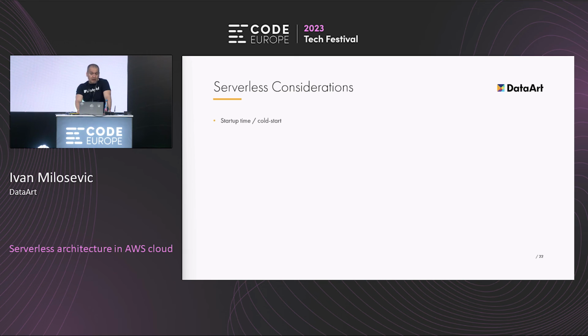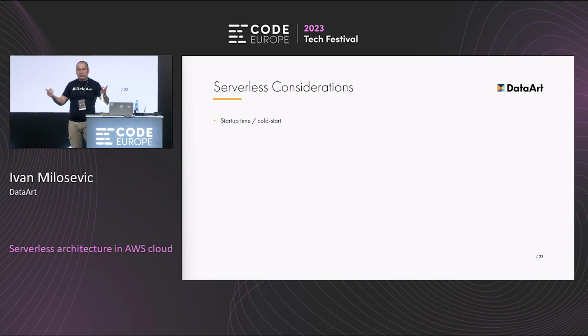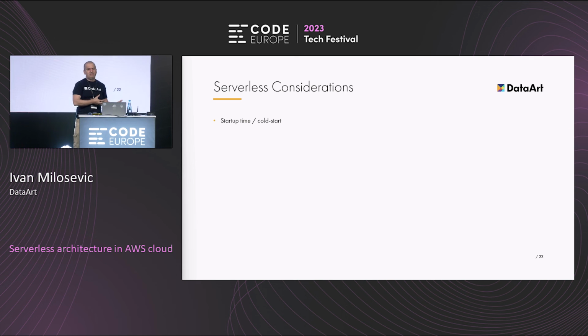Cold start. This is not something that is new to serverless. There are some other solutions that are actually facing a similar problem. When you call your service for the first time, it can react a little bit slow.